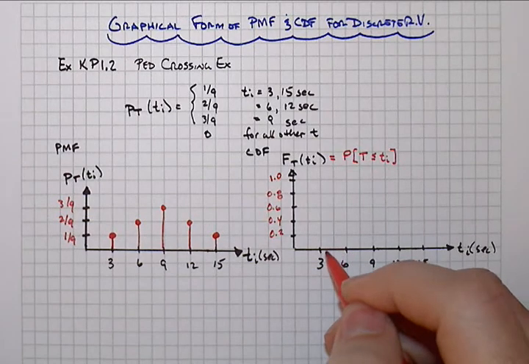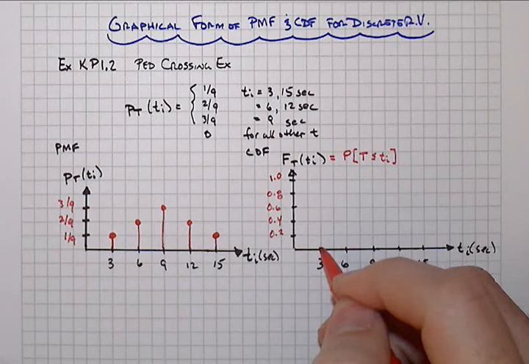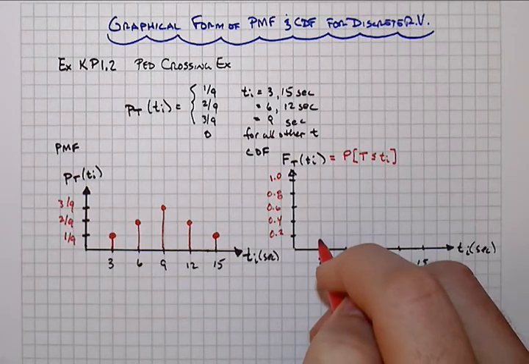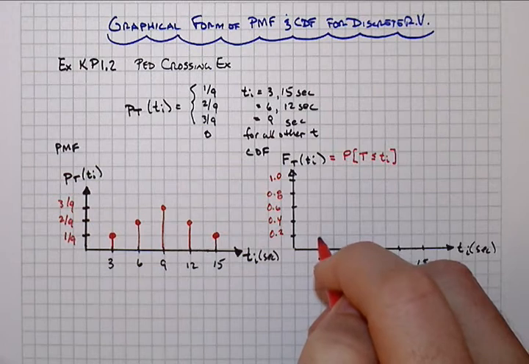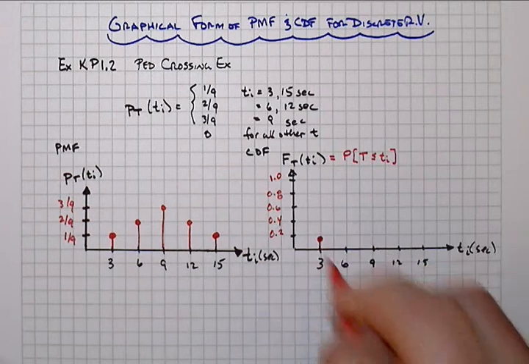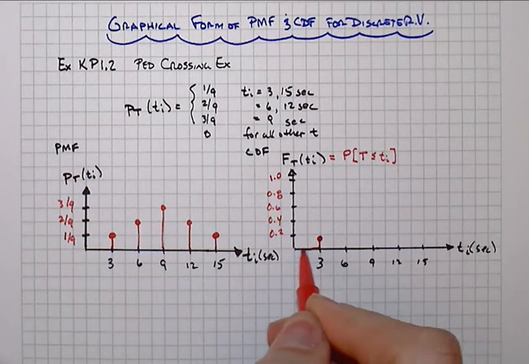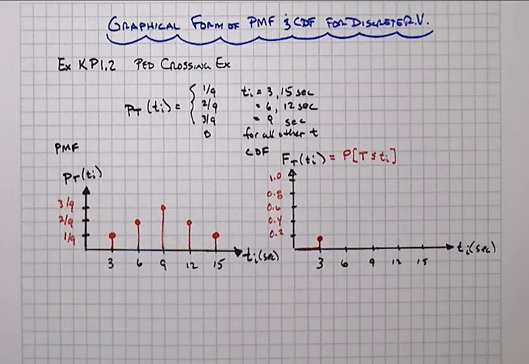For 3, that's going to be 1/9, which will be sitting right about here. Again, we're going to use the little lollipop model to start off with. There's 0 chance that we're down here.